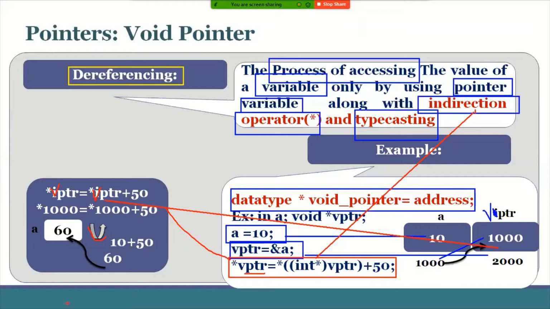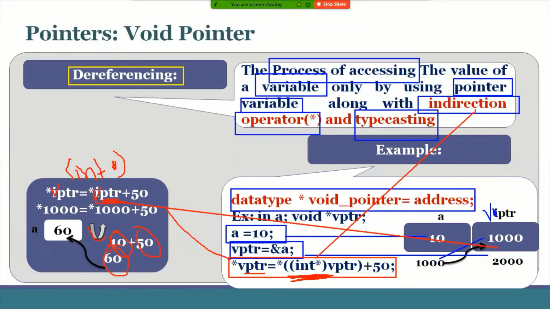For that purpose, before VPTR we are supposed to specify typecasting, that is int star. Int star means this void type VPTR is converted into integer type. Then it can access the integer value, which is substituted over here. 10 plus 50 is 60.